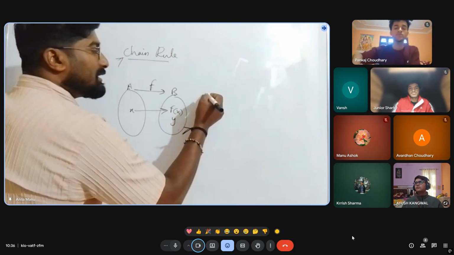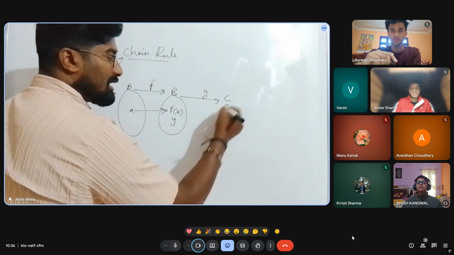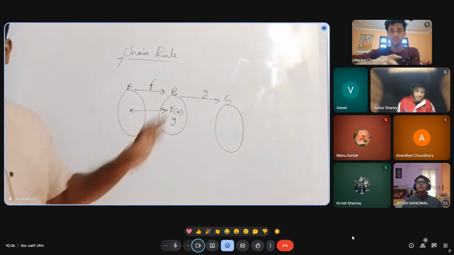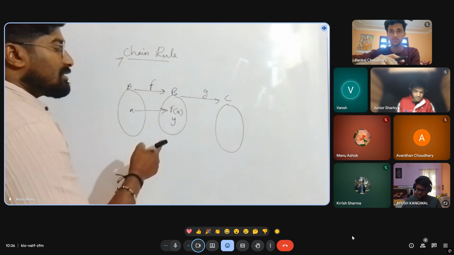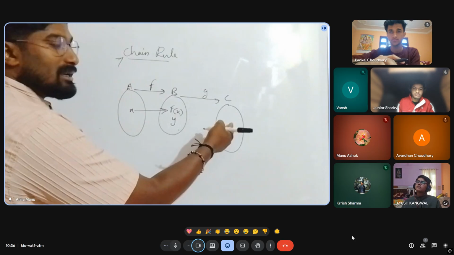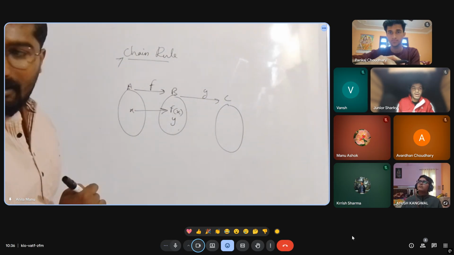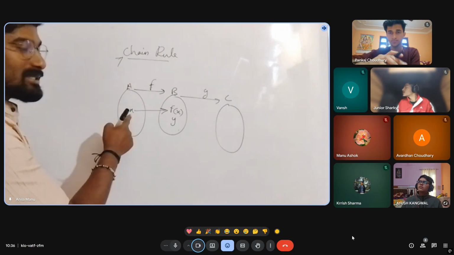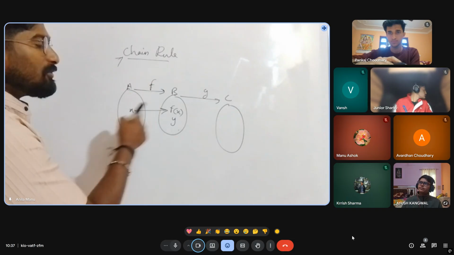Now I am defining another function from B to C. C is another set. So tell me, what is going to be the image you are getting in the third set C? In the first set the elements are of the form x. The function that I defined was f, so I got the image as f of x.